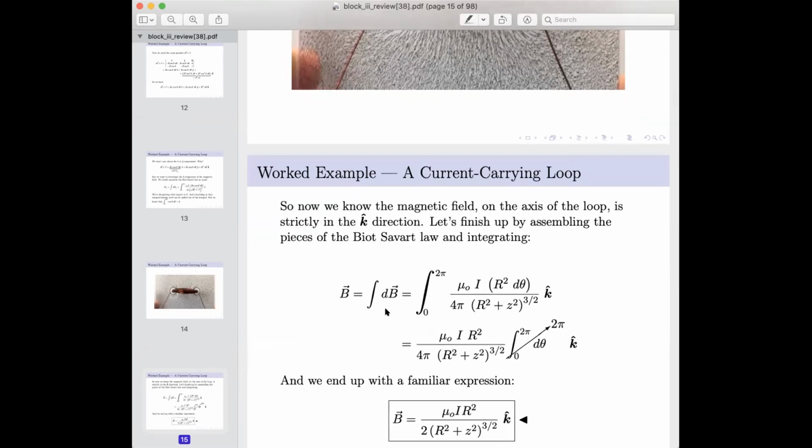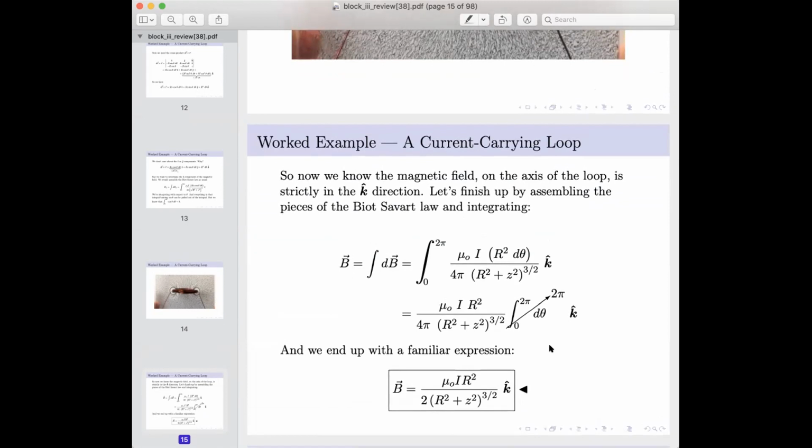We have to find our B field here. We can integrate around our circle from 0 to 2 pi, given we know mu naught, we know our current, and we have the other components. From here, it's just plug and chug. This one is really nice because everything else is constant, and we can pull out most of the fraction to the front of our integral and just integrate d theta in our k hat direction, which just ends up being 2 pi.